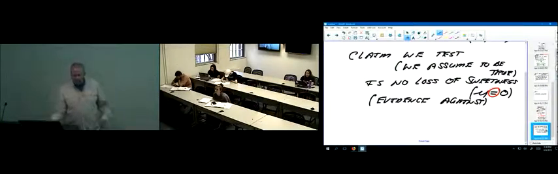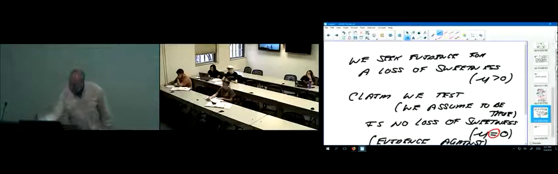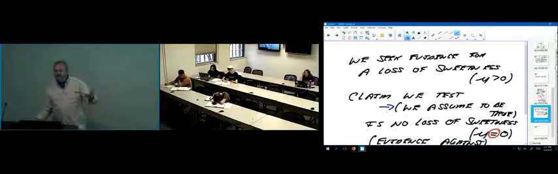Now, we'll talk some more about this language in a moment. My first thought is this. If mu is equal to 0, you see this line right here? The claim that we assume to be true, no loss of sweetness, that mu is equal to 0. That's what I'm doing right here. I'm going to assume mu is equal to 0.